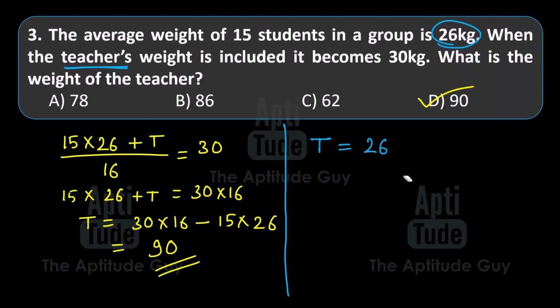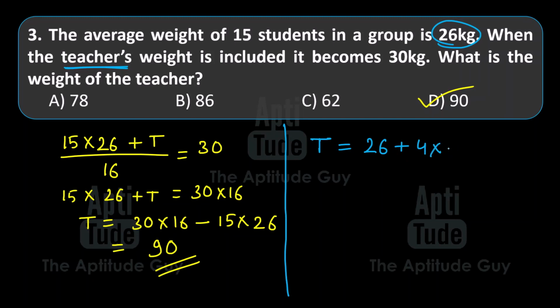Don't just take 26, I can give more per student. And how much more is he giving per student? Initially everybody had 26, now everybody has 30. So everybody receives 4 kgs more. Okay, including the teacher. First the teacher also had 26, and now the teacher will also get 4 kgs more. So first the teacher contributes 26 and then 4 kgs extra per person.